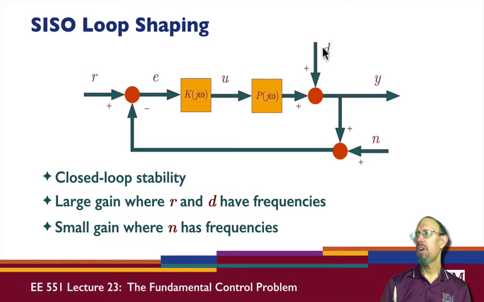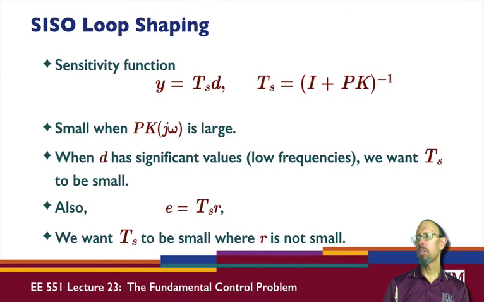So if R and D are low frequency signals, we want large gain there, and we want small gain wherever the noise has frequency content, which may be high frequency. I'm going to define two functions.